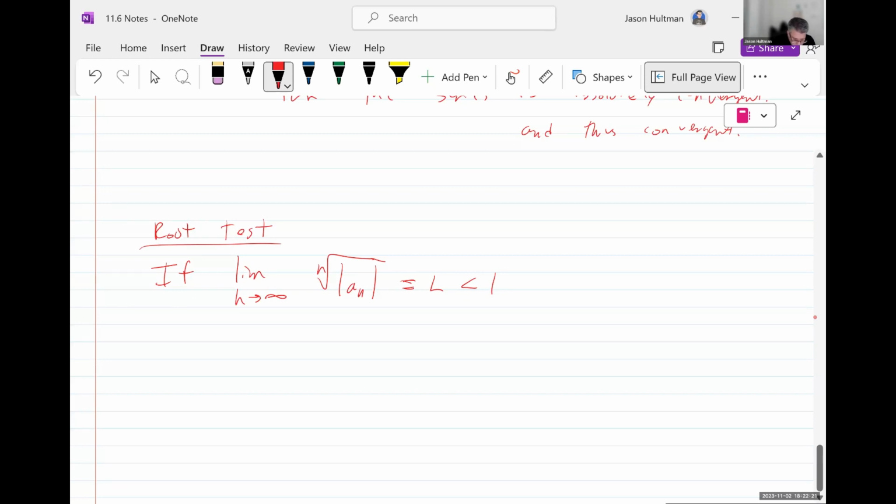If L is less than 1, then the series summation n equals 1 to infinity of a sub n is absolutely convergent. Okay, and thus convergent.